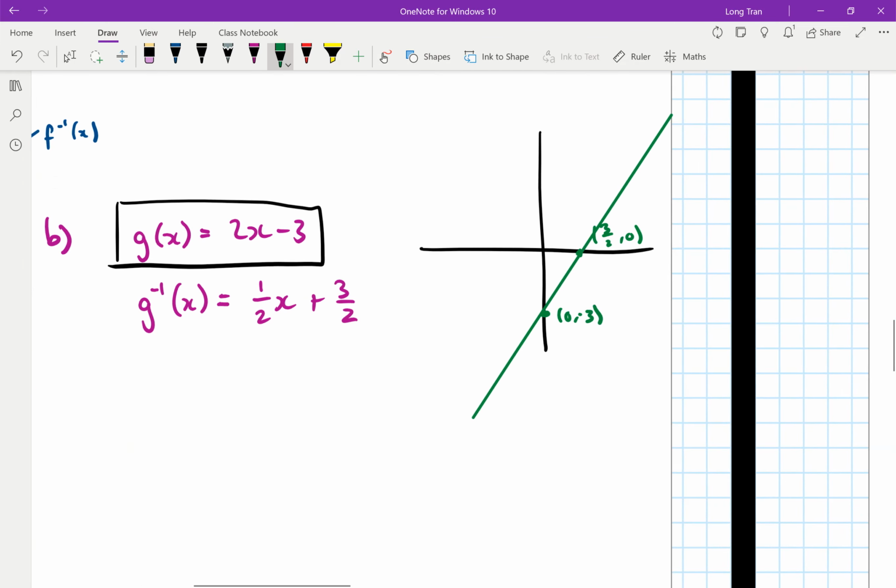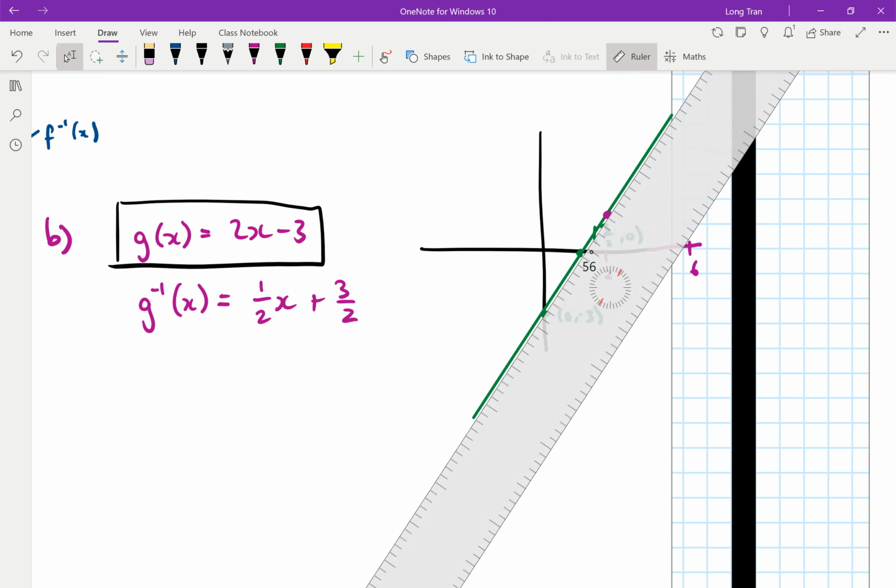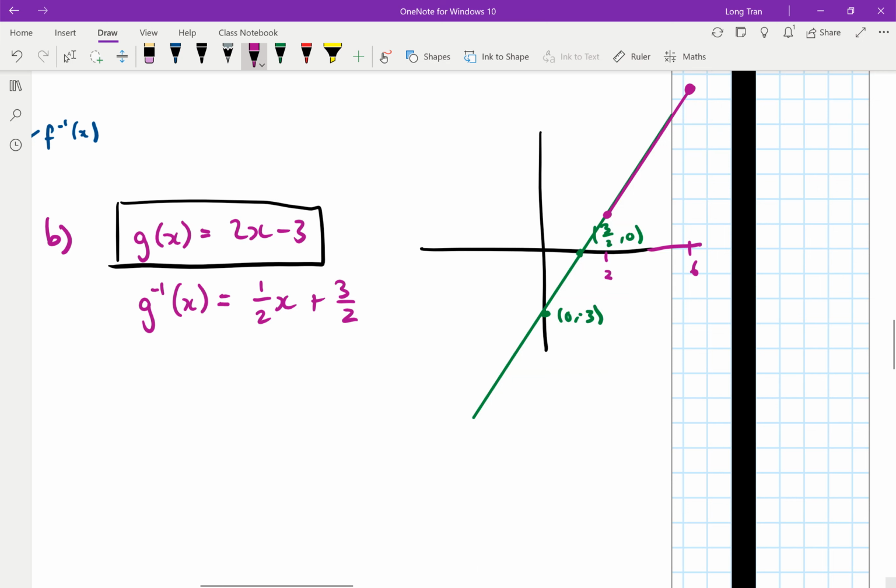So I can only sketch from 2, which is around here, because 3 on 2 is 1.5. So 2 is at this point, and 6 is, say, up here. So I'm only sketching from here to wherever 6 is. So I don't need that green graph anymore. There we go. That's my graph.